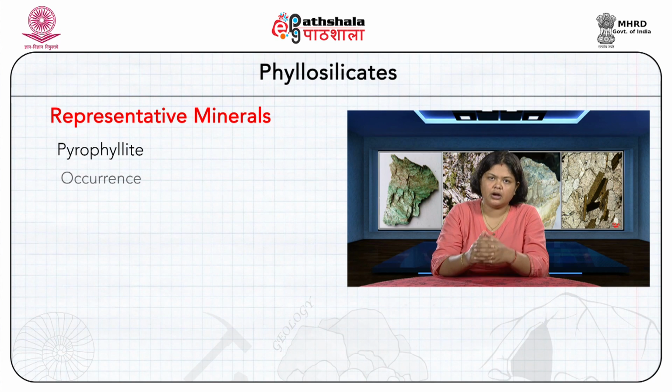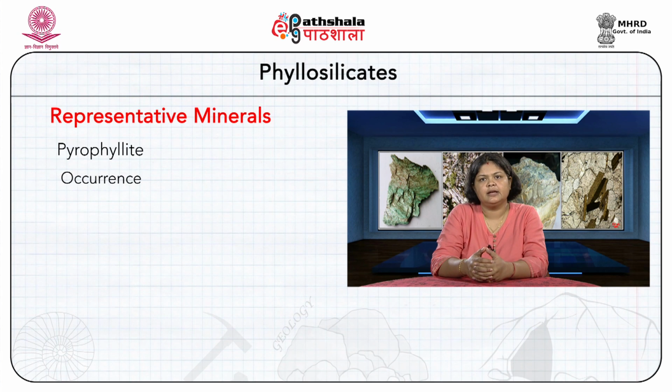As for the occurrence of pyrophyllite, it is usually found in low grade aluminum rich metapelites, metabauxite or metaquartzite formed due to hydrothermal alteration of aluminous minerals such as feldspars, muscovite and aluminum silicates.